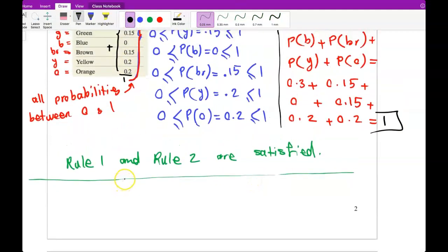And also here we have the probability of blue equal to 0. So this one is an impossible event.